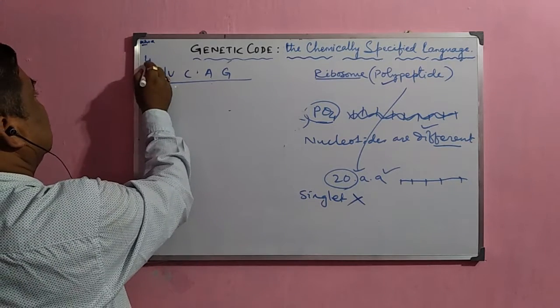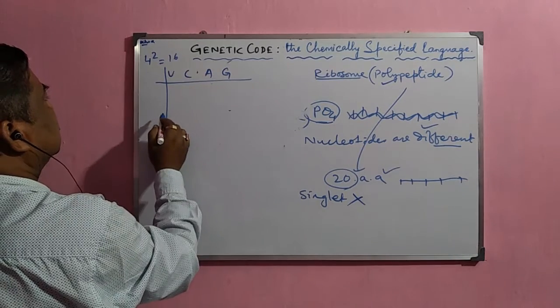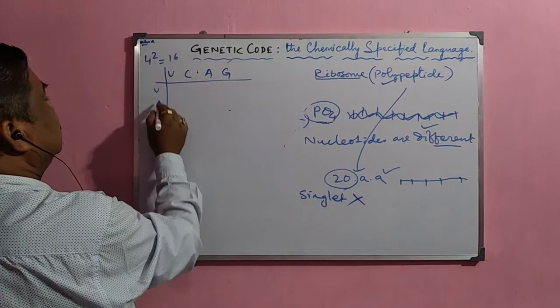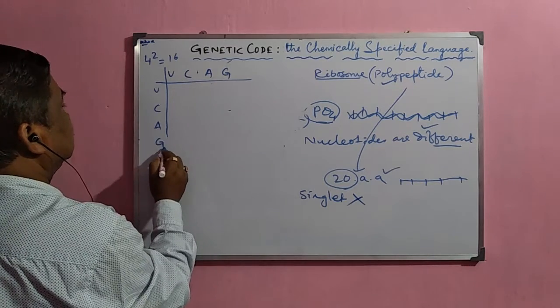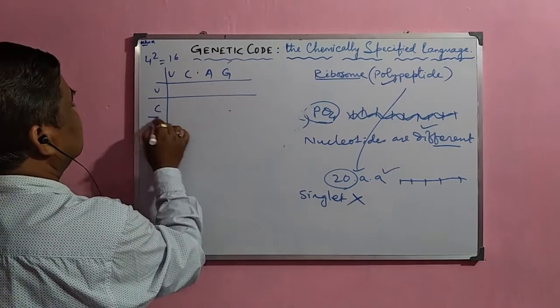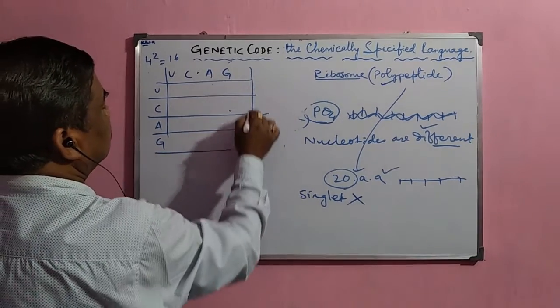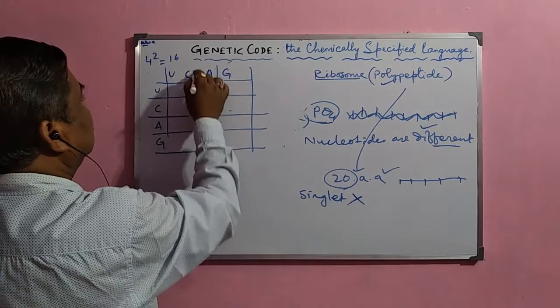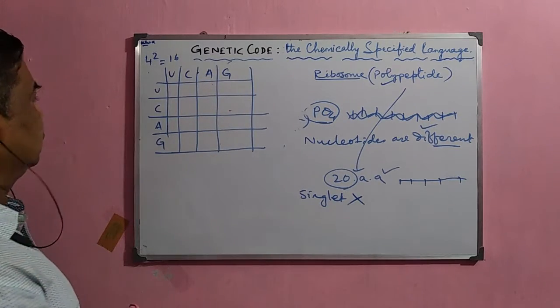According to permutation and combination, 4 squared, it will be 16 combinations. Now U, C, A, G, they will form maximum how many amino acids?